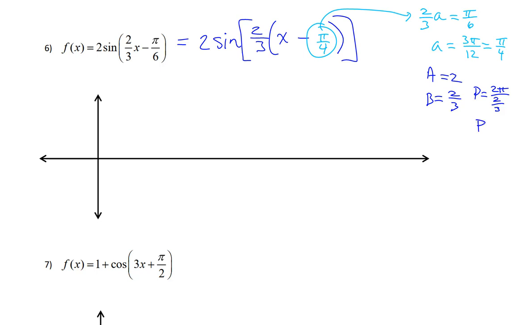Okay, so this means 2 pi over 2/3, flip the 2/3 over and multiply, so that would be 2 pi times 3, which is really 6 pi over 2, which means our period is really 3 pi. Okay, so period is 3 pi. That helps to know as well.